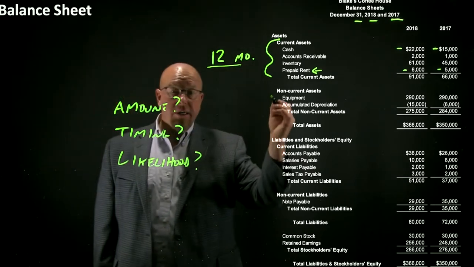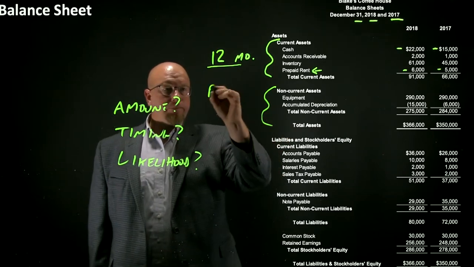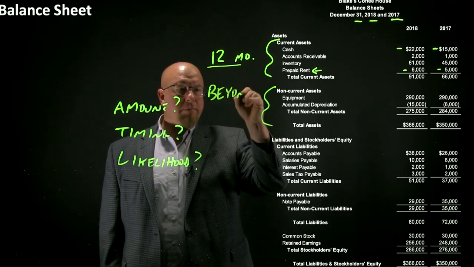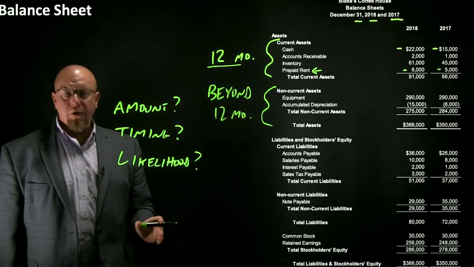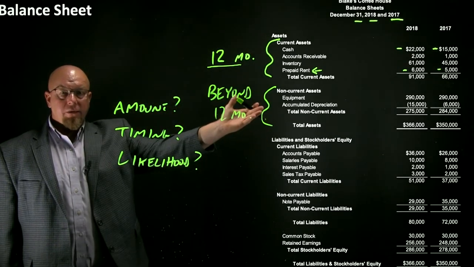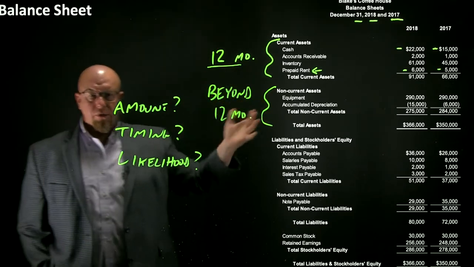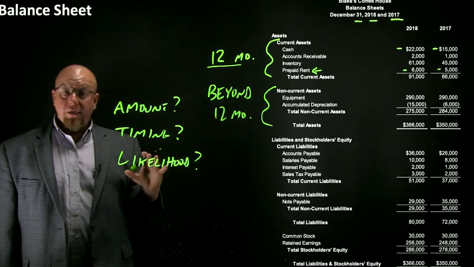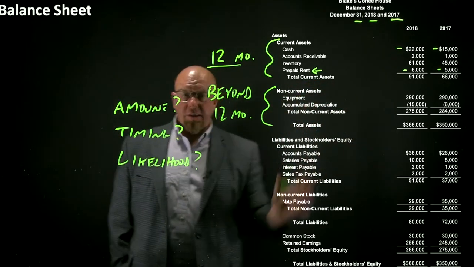These assets down here, longer than 12 months, okay? We would say this is going to be sometime beyond the 1 year period. Equipment. These are the ovens and the stoves and the furniture and things like that. These are the investing activities that are showing up on the balance sheet. These are assets.